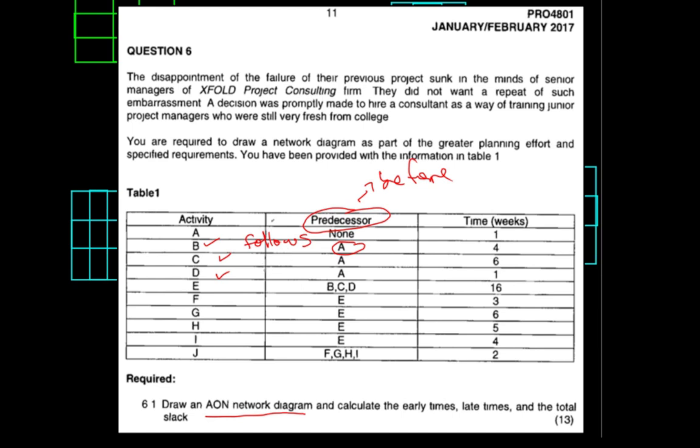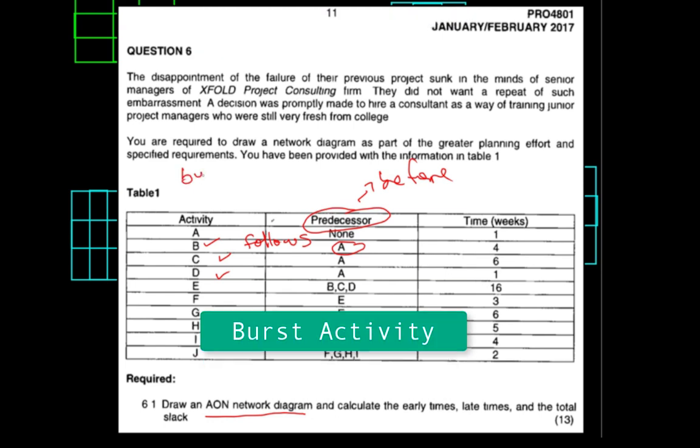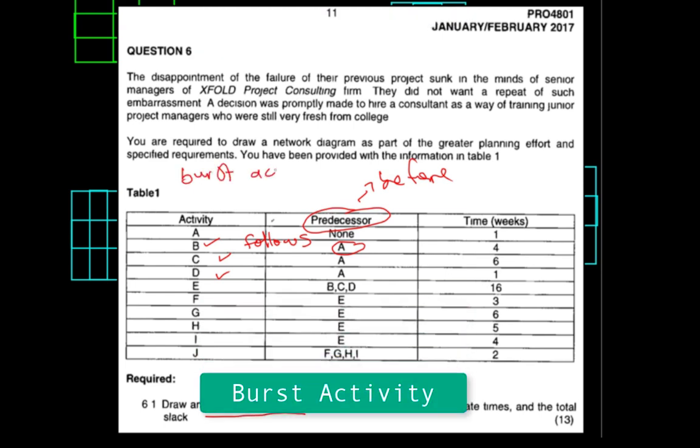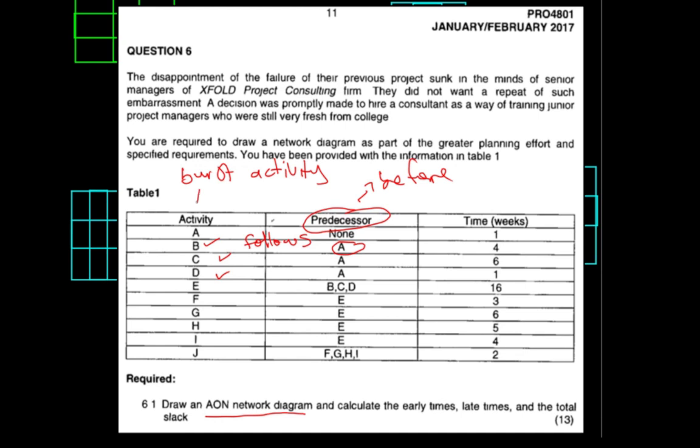When you have an activity that is followed by more than one activity, we call that activity a burst activity. So what is a burst activity? Let's say we've got activity A there, like what we are being told. What does activity A follow? It follows none, because that's the first activity.